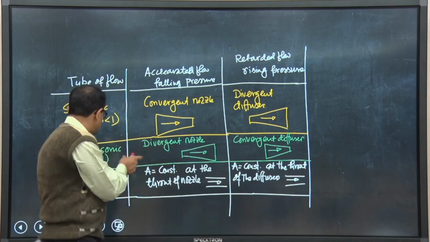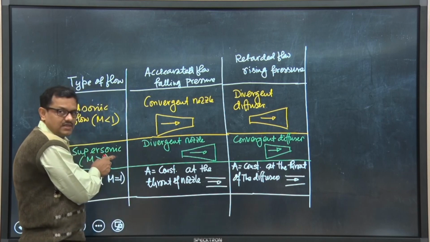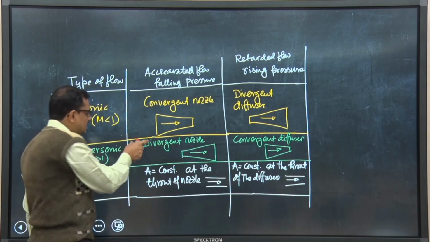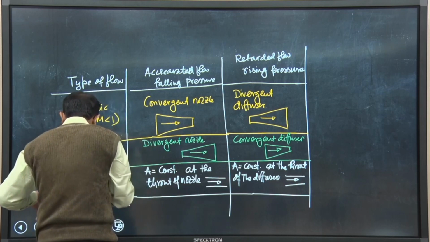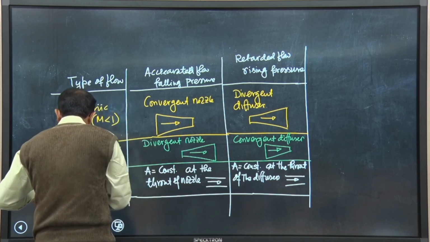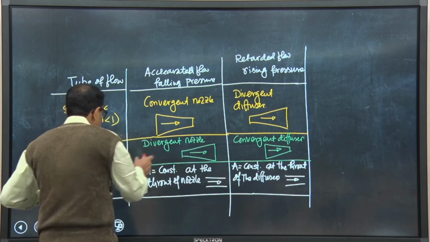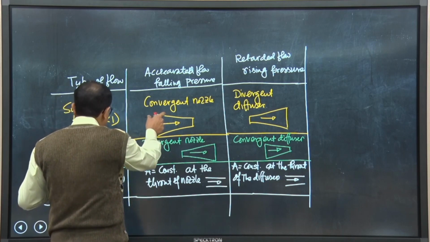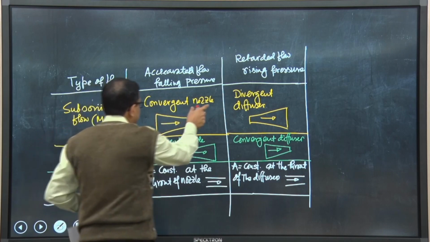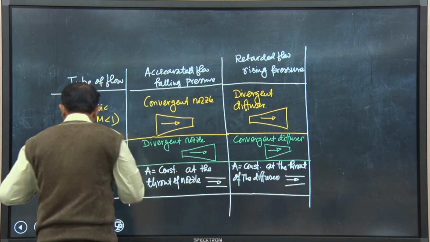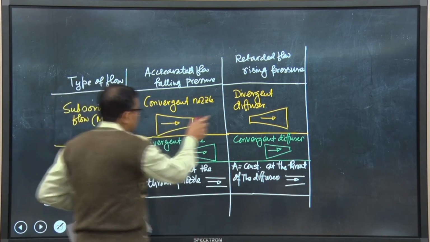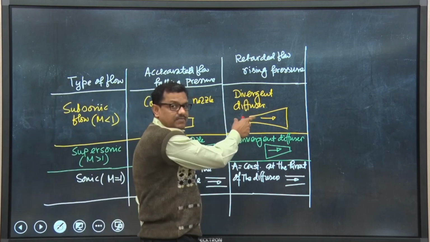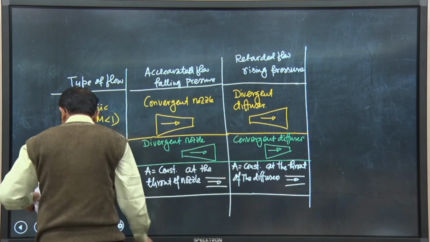Basically it indicates that for subsonic flow, if the duct is convergent type, it must be a nozzle. If the flow is subsonic and the duct is of divergent type, it must be a diffuser, that we can see.